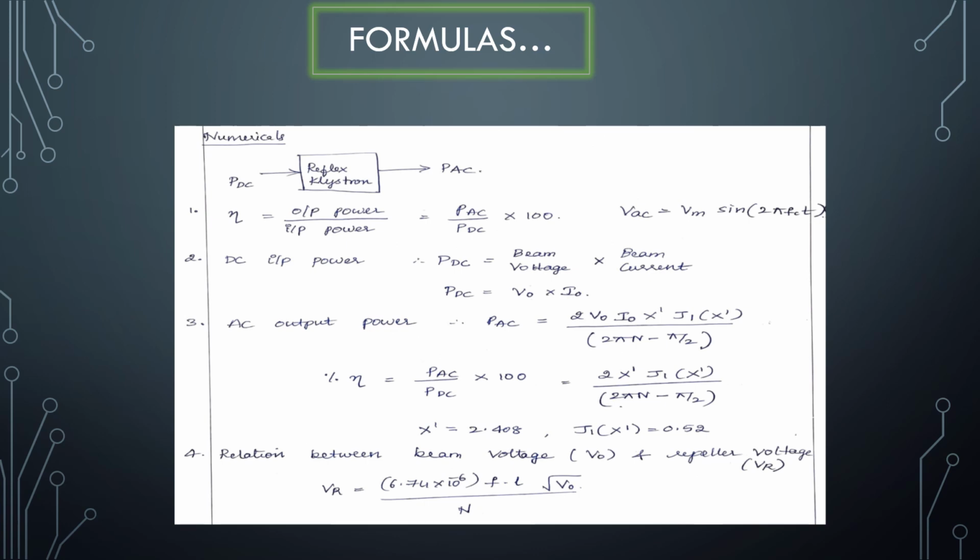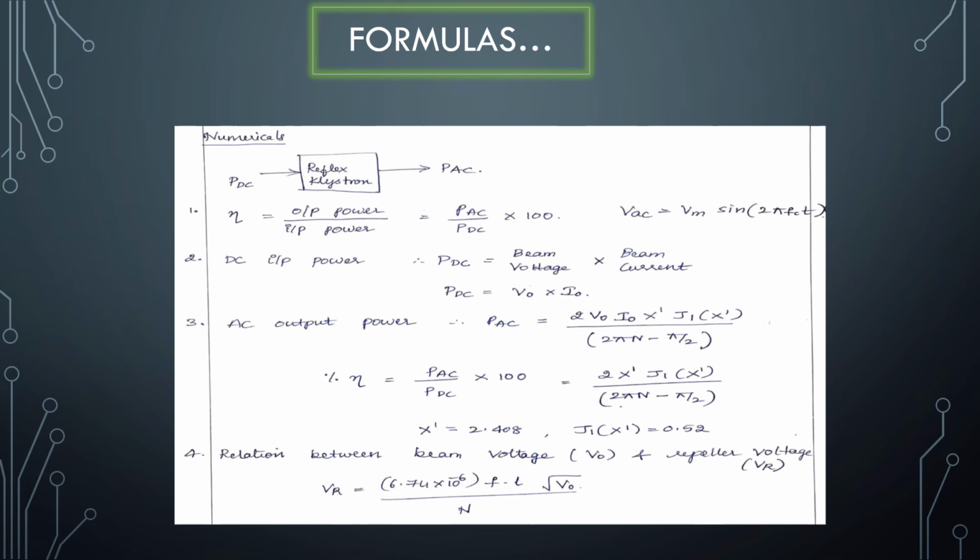The efficiency is defined as the ratio of output power to the input power, which is further defined as the power of an AC current to the power of a DC current into 100. As we know, the efficiency is always represented by percentage.